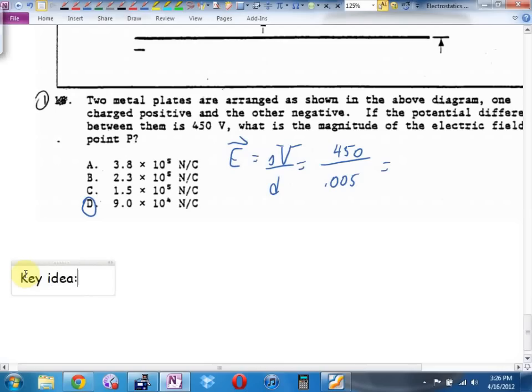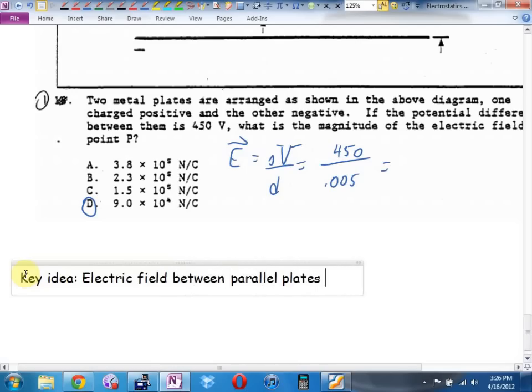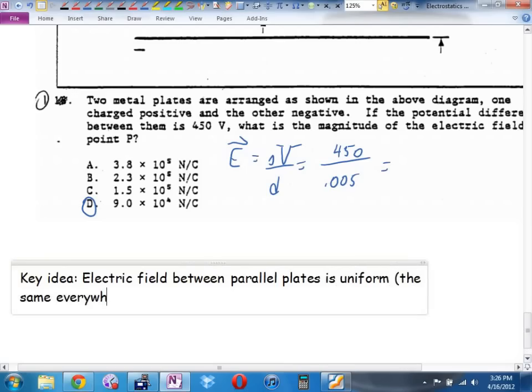The idea: electric field between parallel plates is uniform, the same everywhere, and therefore constant.